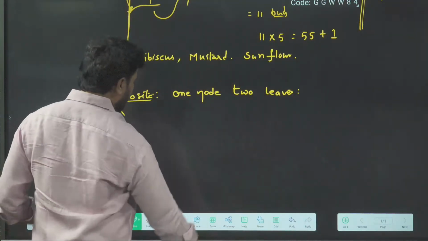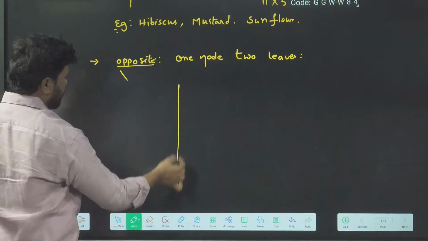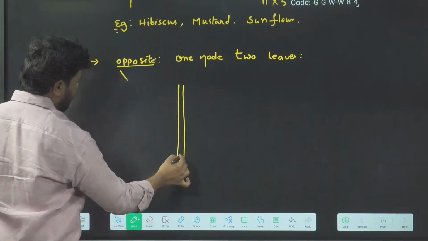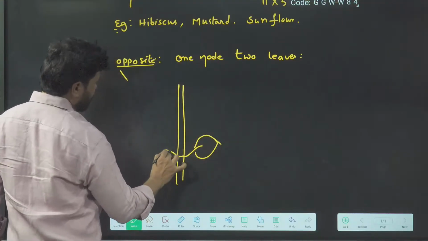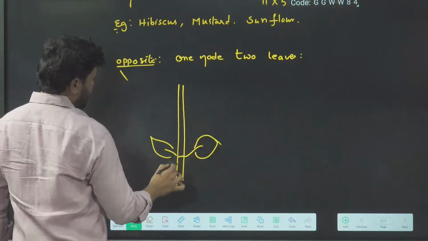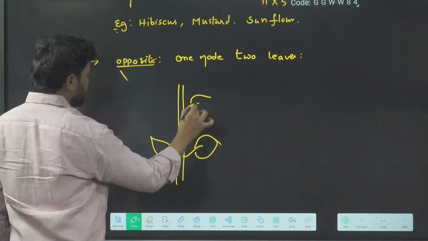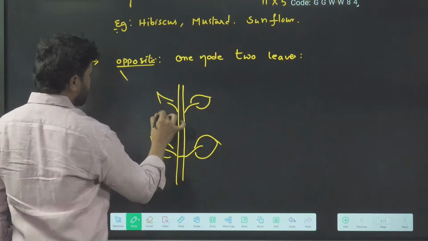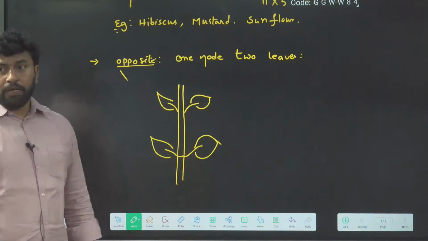They develop generally on opposite sides. Consider this. This is a stem and its node. On a node, there should be two leaves. Like that, on one node there is a development of two leaves.